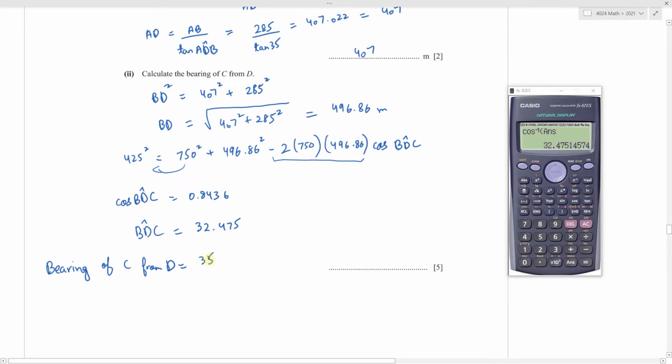So this is 35 plus 32.475, which is 67.475, or you can say 67.5 degrees. For bearing, you can add a zero here as well. 067.5 degrees is your bearing of C from D.